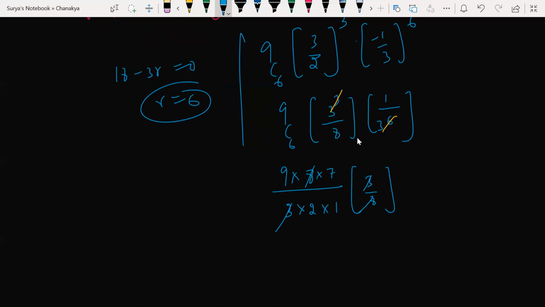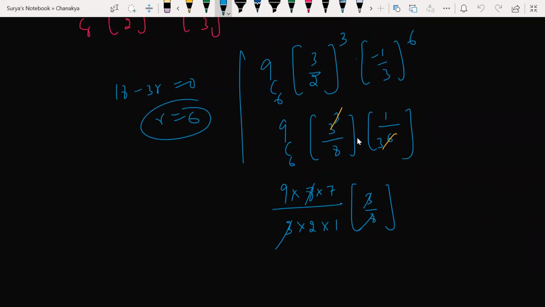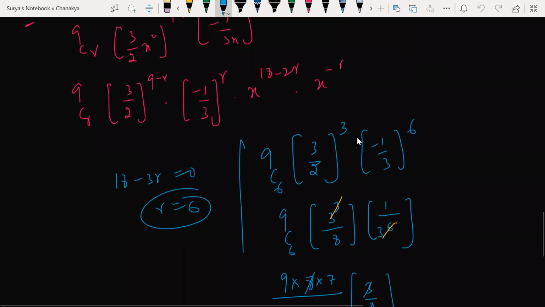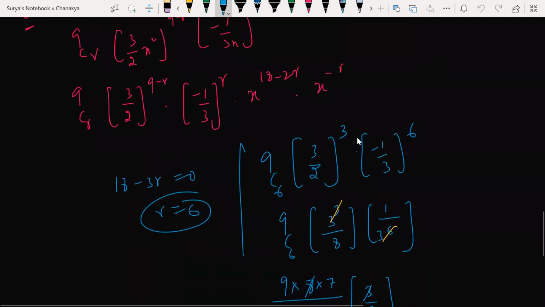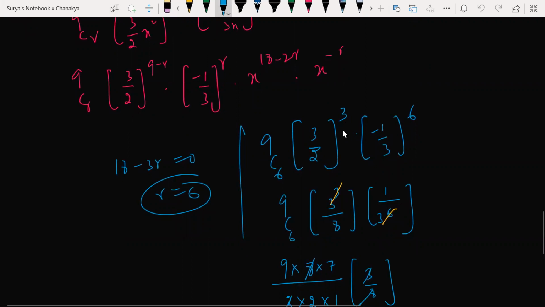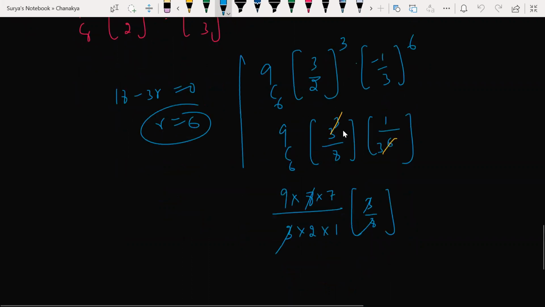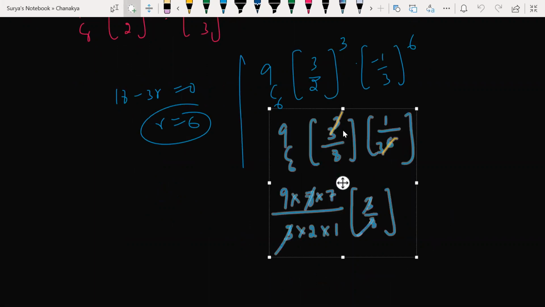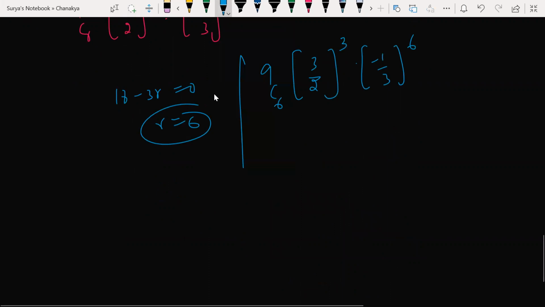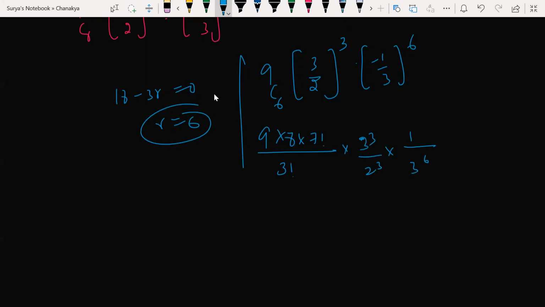What will you be left with now? We made a mistake somewhere. 9C3, so 9 into 8 into 7 factorial divided by 3 factorial, into 3 cube by 2 cube into 1 by 3 to the power of 6.